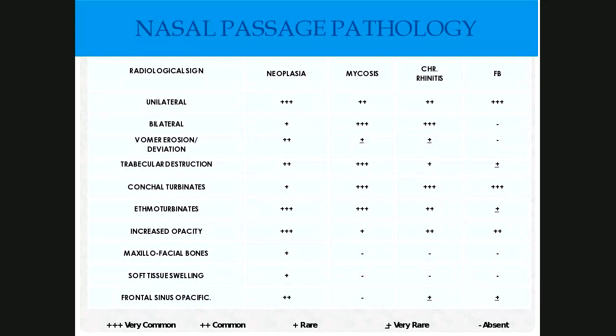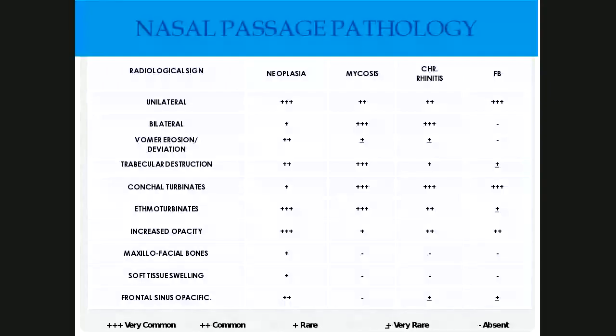Unfortunately, there will be at times an overlap, but by using this table, one can come to the most likely differential diagnosis. It's mainly applicable in dogs. In cats, differentiating rhinitis and neoplasia is much more difficult. So this table is most commonly used in dogs.